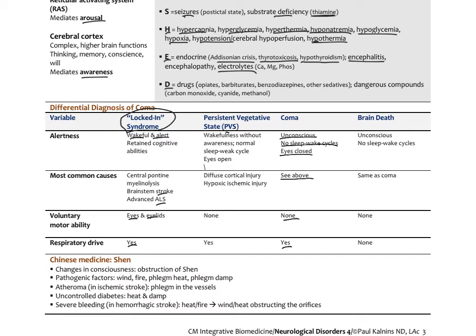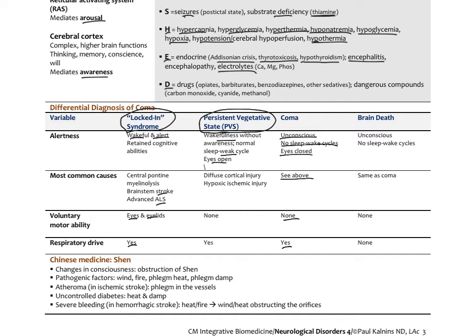Persistent vegetative state, PVS, is a person has wakefulness without awareness. So it looks like they're awake, but they're not showing signs of cognitive awareness. It's like the brainstem is still functioning, but the higher cortex isn't doing anything. There's a normal sleep-wake cycle, and the eyes are open. So it's a little disturbing.